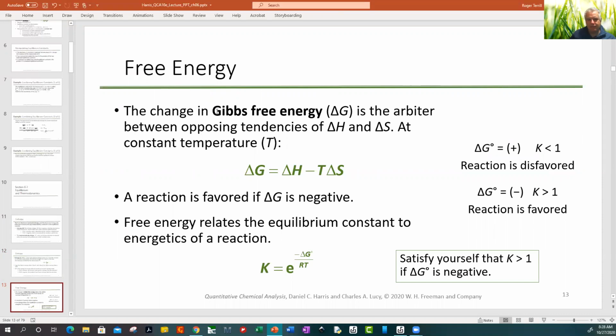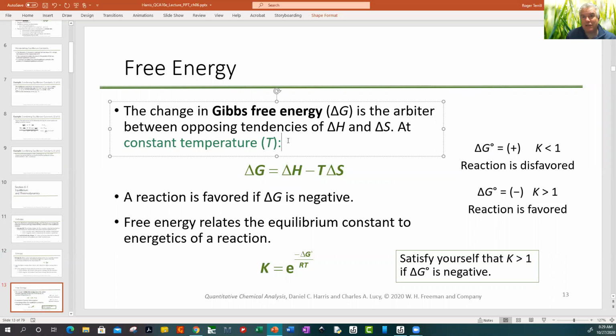But folks have worked through this, and it makes sense that the Gibbs free energy is defined at constant temperature, right? And it's also constant pressure because delta H is constant pressure.